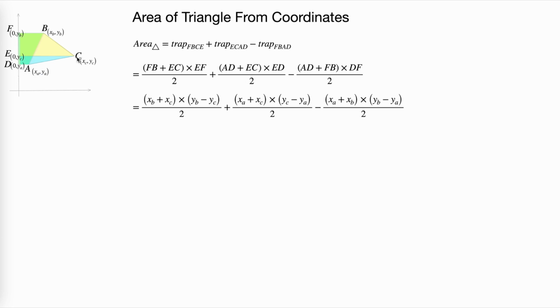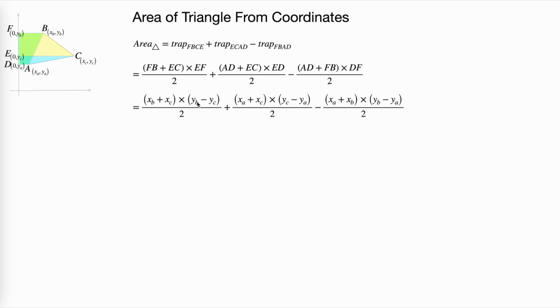EC is XC take away 0, which is XC, times the height, which is the difference in the y's, YC take away YA. Take away the green trapezium: A to D is XA, plus F to B, which is XB, times the height, that's D to F, which is YB take away YA.